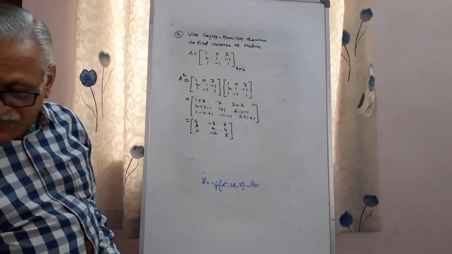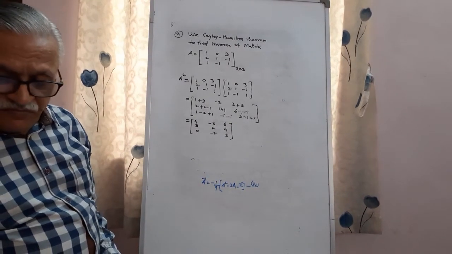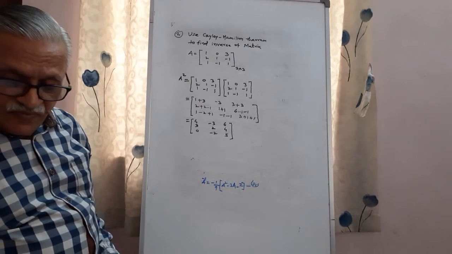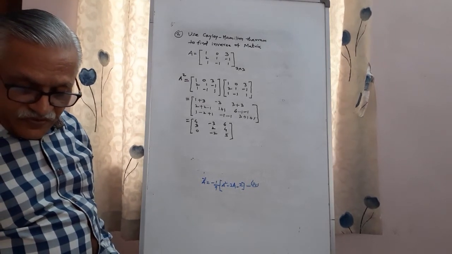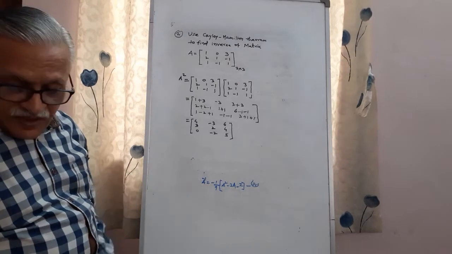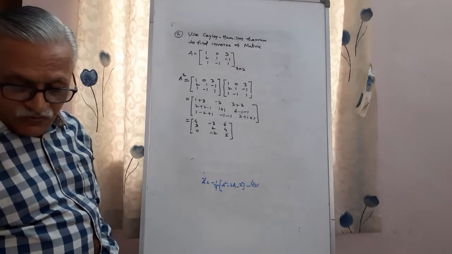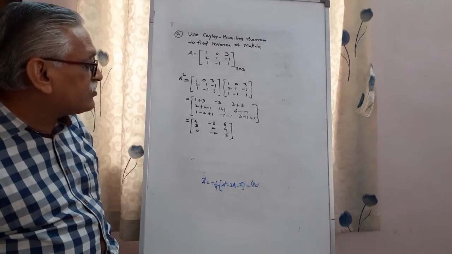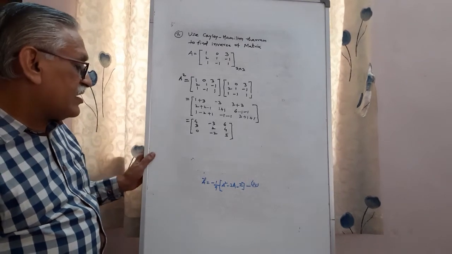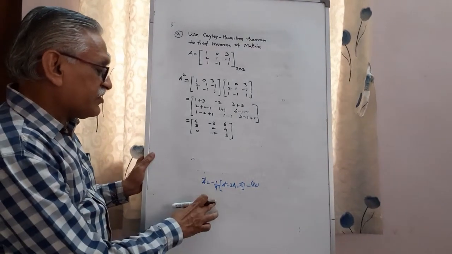Therefore, if you check this, we get A square as 4, minus 3, 6, 3, 2, 4 and 0, minus 2, 5. Okay. Substituting that value here in equation 4.